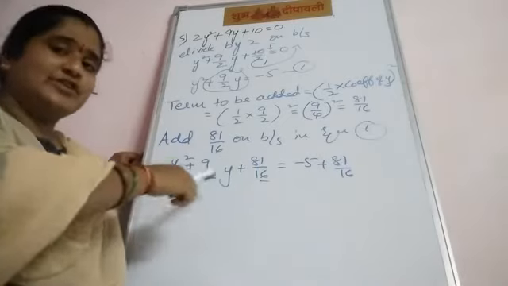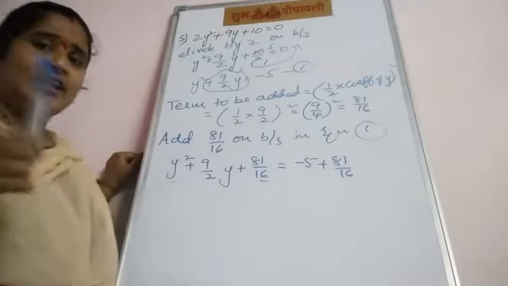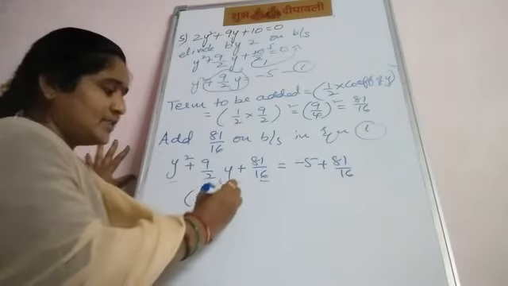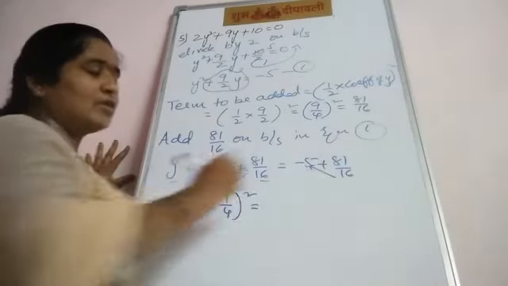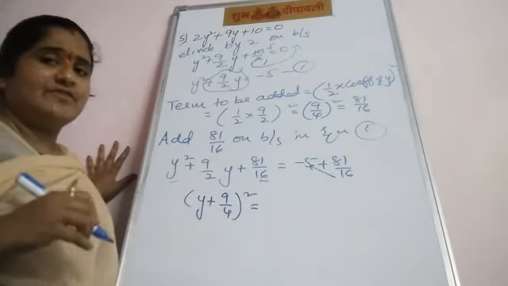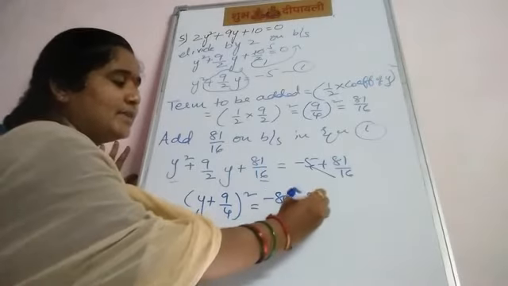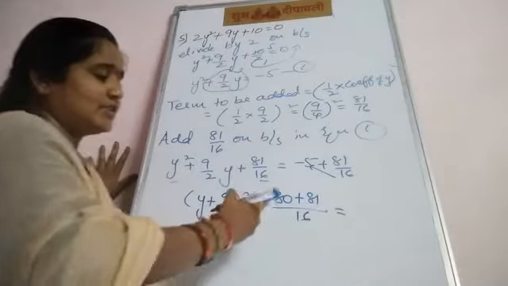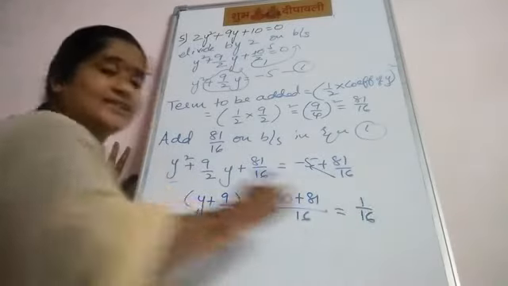Now it is in which form? a square plus 2ab plus b square. So can I write it as a plus b whole square? Why not? y plus 9 upon 4 whole square equal to, here cross multiply by 16. 16 5s are how much? 80. Minus 80 plus 81 upon 16 is equal to, minus 80 plus 81, how much? 1 upon 16.